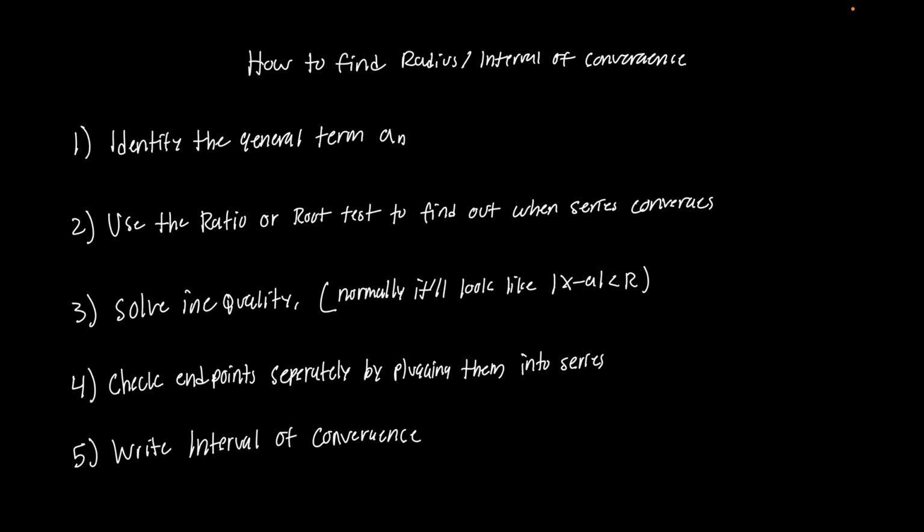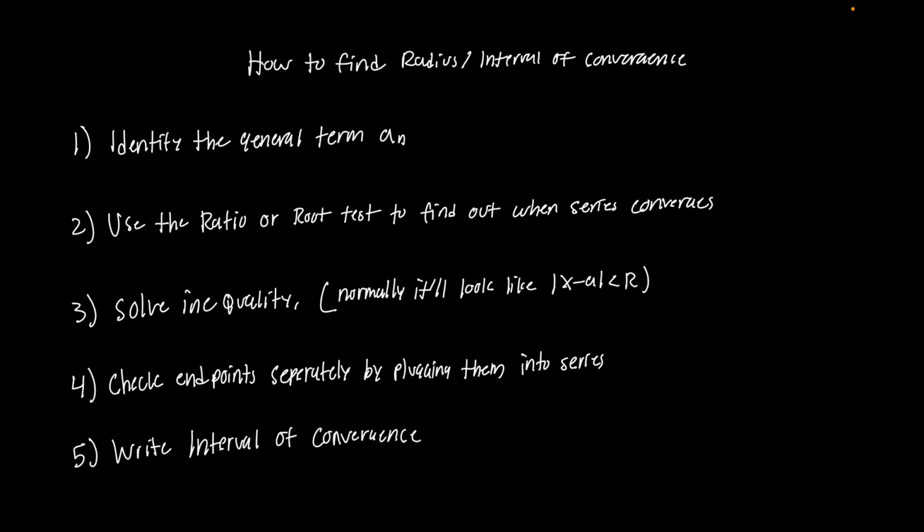So how do you find the radius and interval of convergence? Here's a breakdown. First, you identify the general term, which we've been doing for everything, even before power series. Then we use the ratio or root test to find where the series converges. Then we solve the inequality. We usually get something like the absolute value of x minus a is less than r.